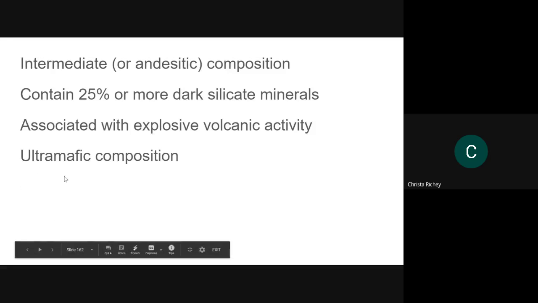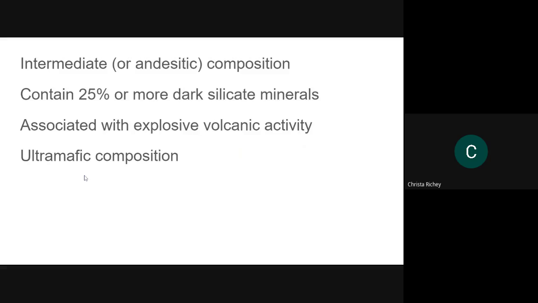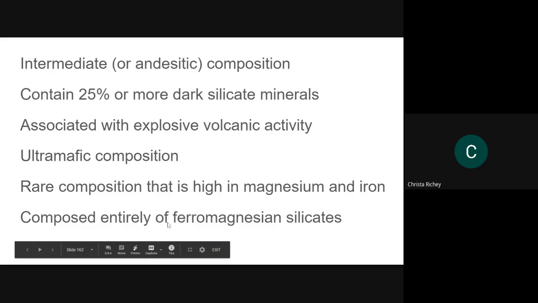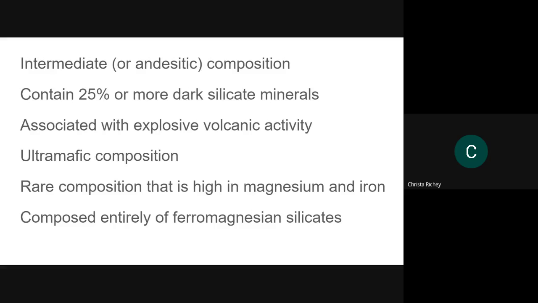This is the ultramafic composition. Very, very rare, but it's high in that mafic, which is magnesium, and then ferrum. And that's what mafic comes from. They smushed them together. And there you've got the same thing, magnesium and iron, ferromagnesium silicates. Very, very, very dense material.